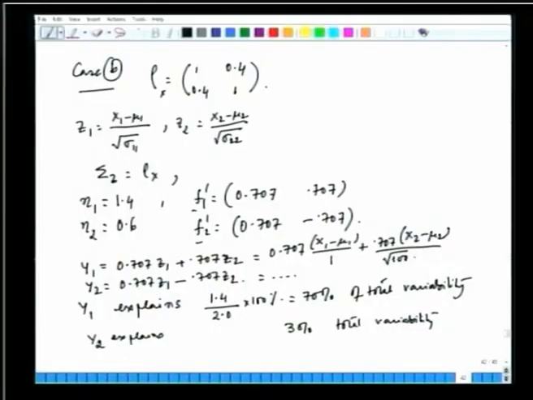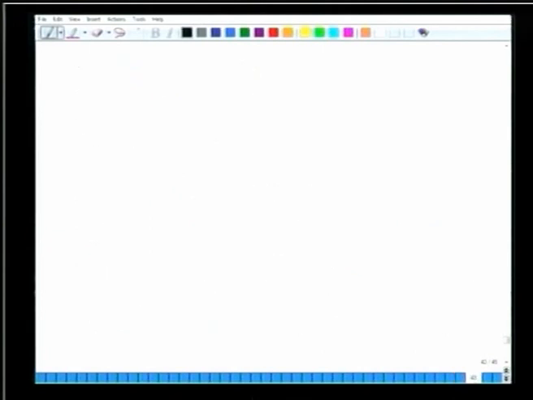And let us look into the correlation coefficient part also, where we have the correlation between, if I have to consider rho y1 with x1, well, I have to consider the first element of the first f vector, that is 0.707, and then we have to consider the root of the first eigenvalue calculated from the correlation matrix, that is eta 1, which is root of 1.4, and then the variance of x1, this is actually equal to z1, right, and the variance here is nothing but 1.